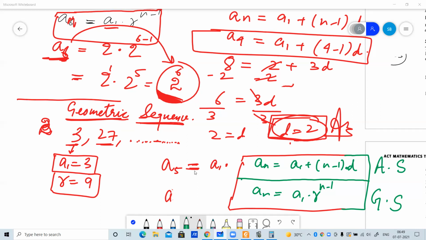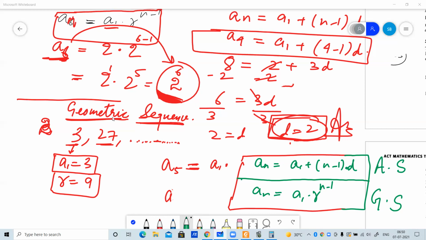What would it be for a? I know that r is 9. So which formula are you using? You can tell me which formula you're using.